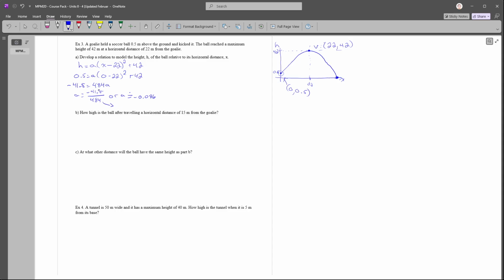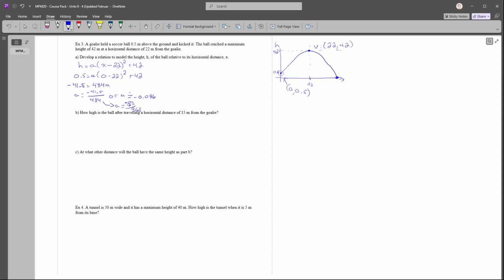If I doubled this number, I'd end up with double the number on the top and double the number on the bottom. So I could write this as A is equal to negative 83 over 968, double the 484.